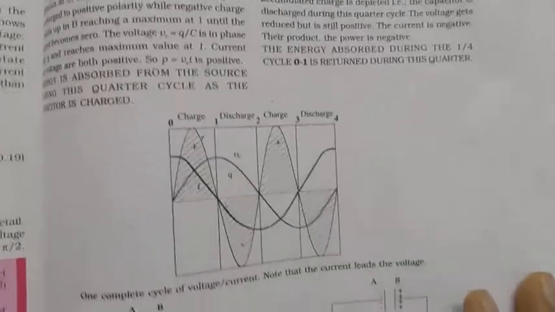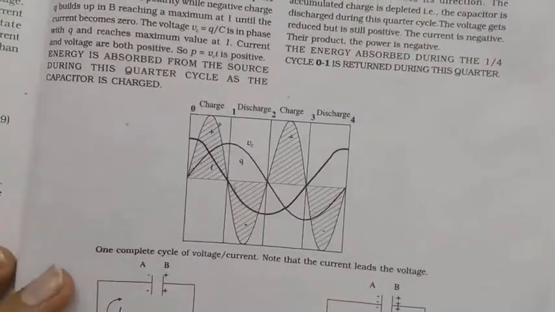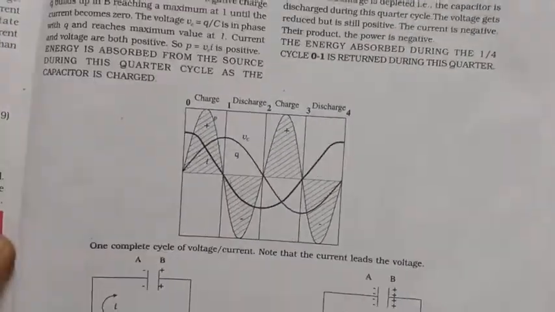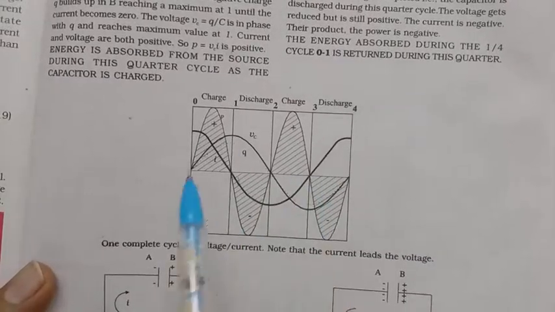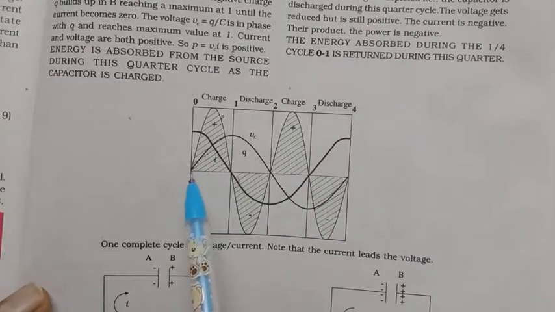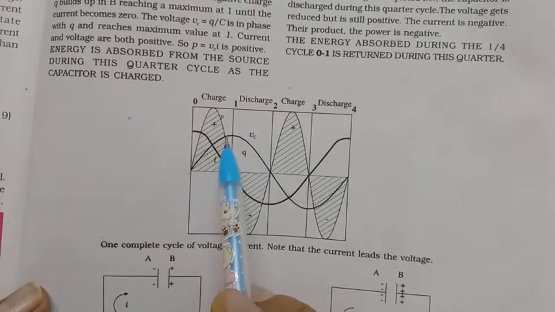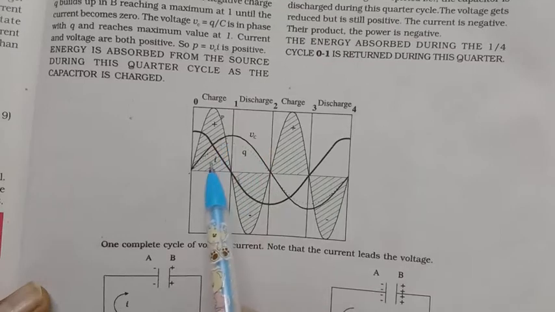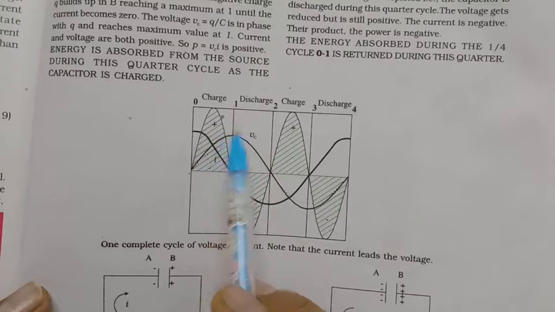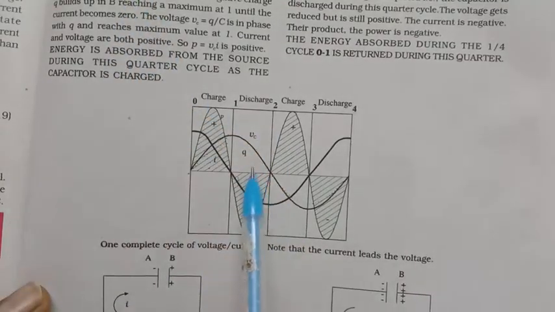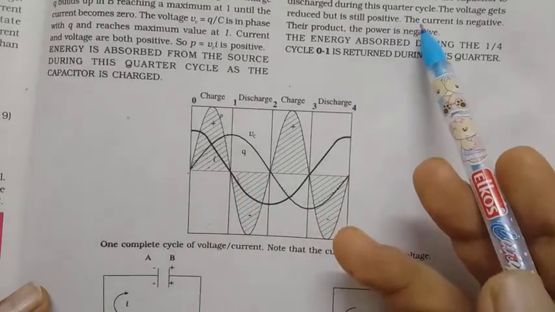Similarly, in case of the capacitor also, the capacitor is doing charging and discharging. Same phenomena. But here, how will the current and the voltage be? Voltage and current both are positive, automatically doing charging. When it is negative it means discharging.